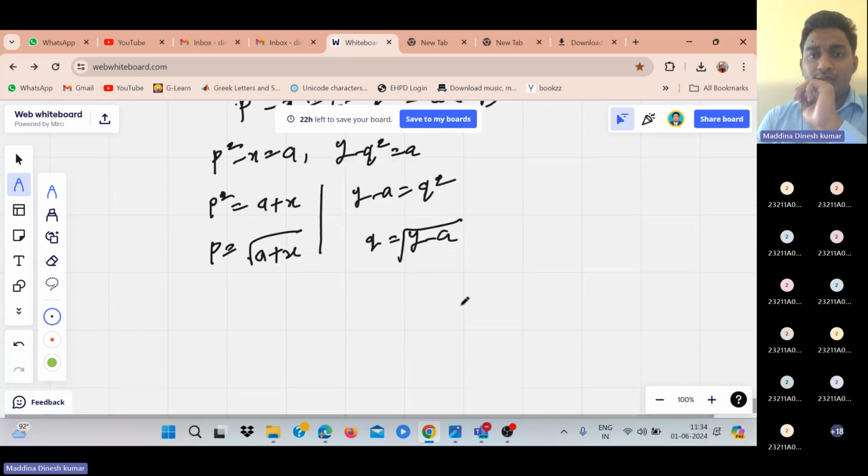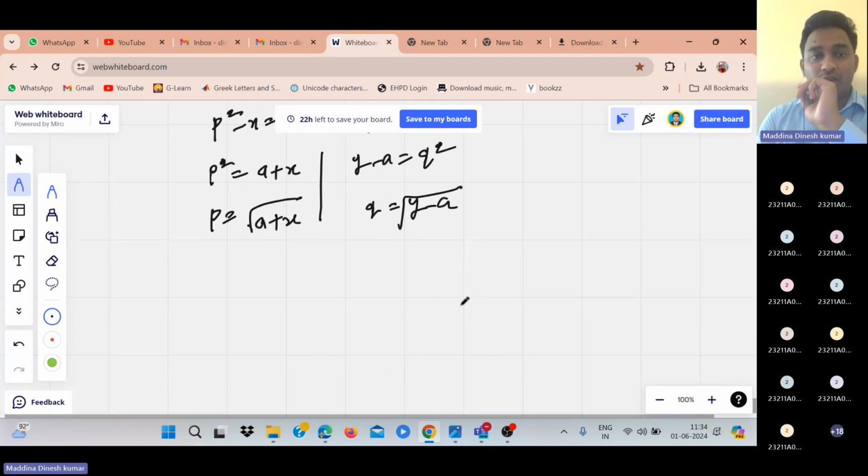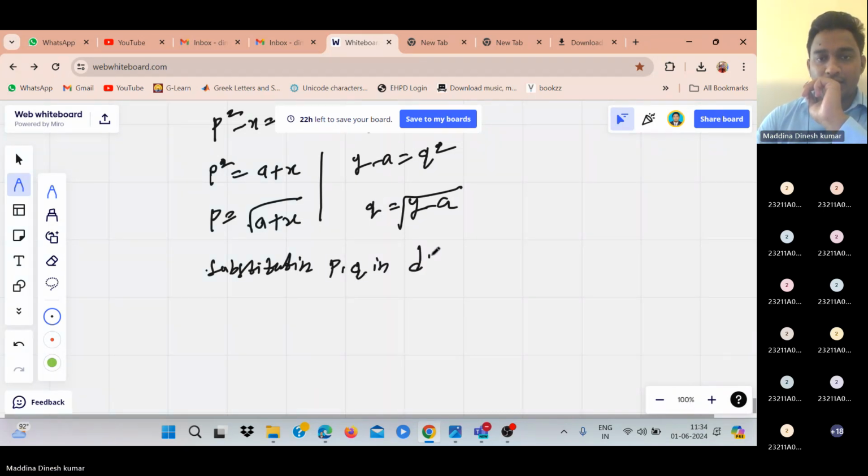So substitute p comma q in the below equation. Substituting p comma q in dz equal to p dx plus q dy as follows.